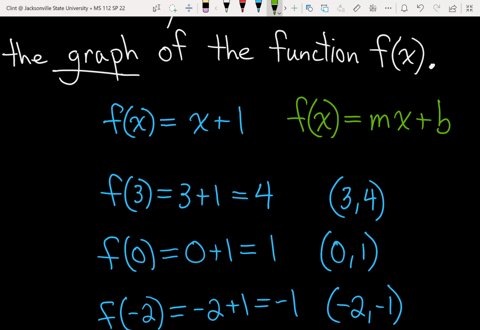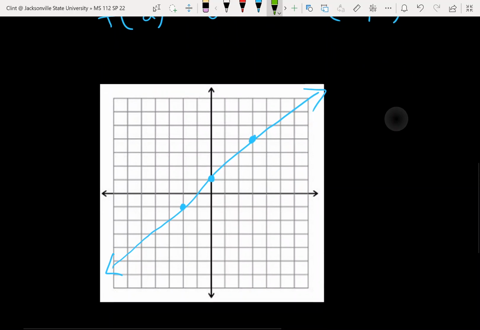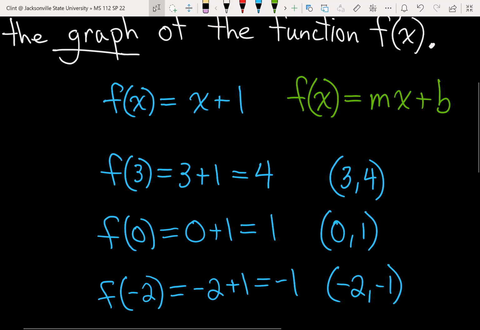What general shape is our graph going to have? It's going to be a straight line. So if you see that kind of form, you know the graph should come out to be some kind of straight line.